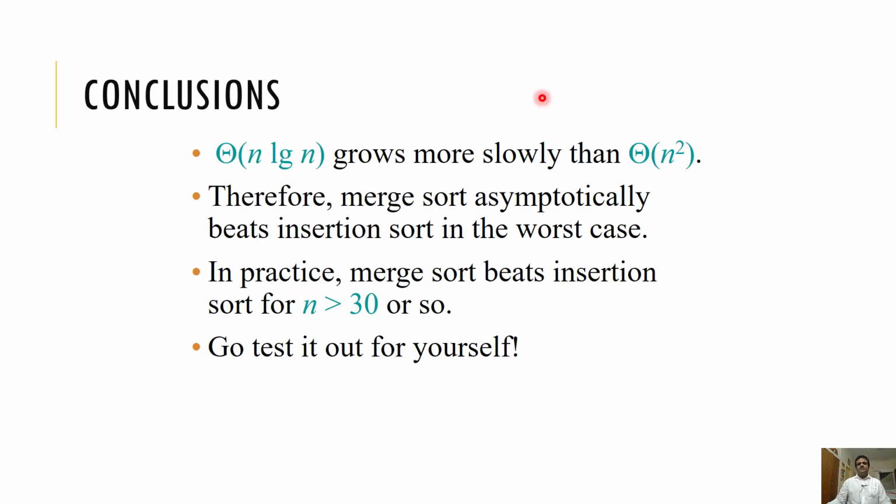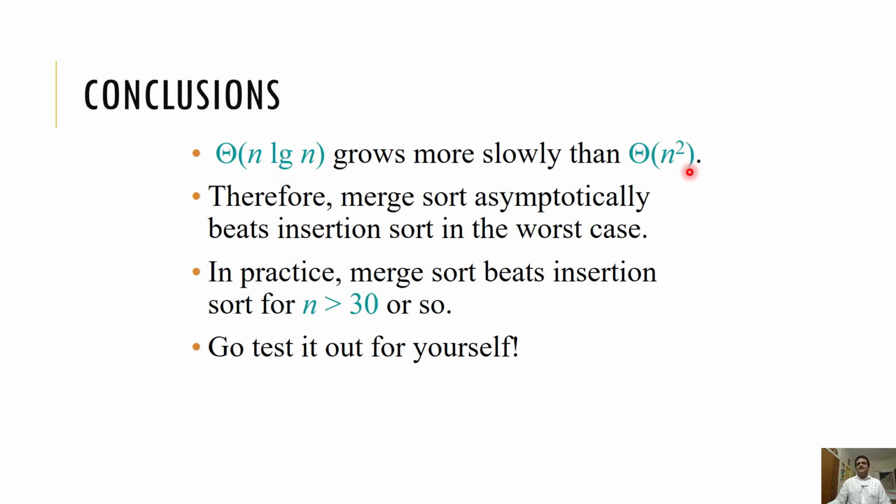So, that is one advantage of insertion sort, but if we compare time complexity, then merge sort is better because it is an order of n log n algorithm in the worst case, and insertion sort is order of n squared. But this effect will come for large n, because for small n, like n less than 30, these two may be similar.